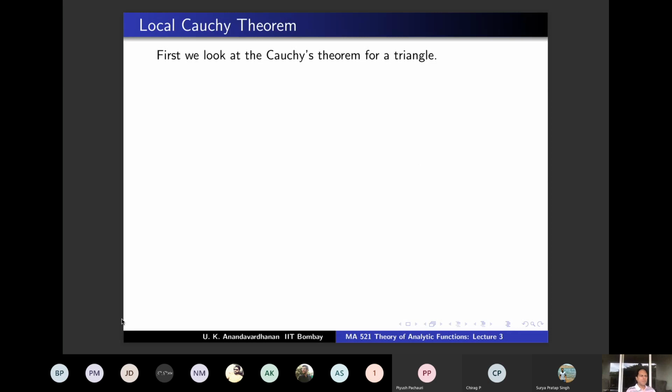So first, local Cauchy theorem is Cauchy's theorem in any convex set. But as a preliminary, we are going to do a very particular case, a very beautiful idea. We are going to look at Cauchy's theorem for a triangle.